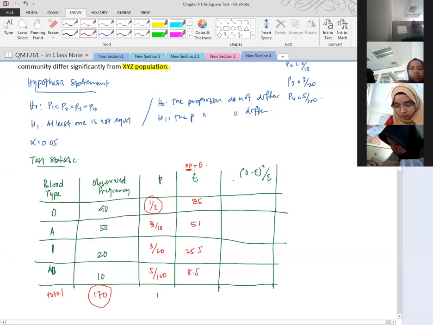Then observed minus expected, because this one means 90 minus 85 to the power of 2 divided by 85. So this one should be equal to 0.2941, and this is 0.0196.